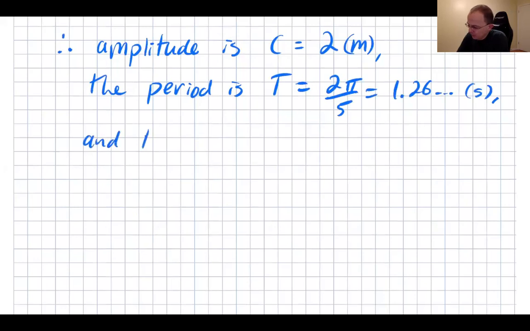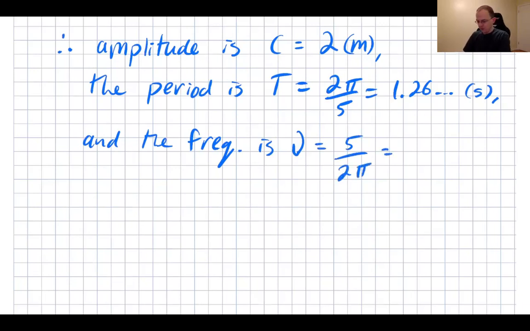And the frequency is nu equals 5 over 2 pi. So 5 divided by 2 pi is about 0.795 and so on, and that is in hertz.